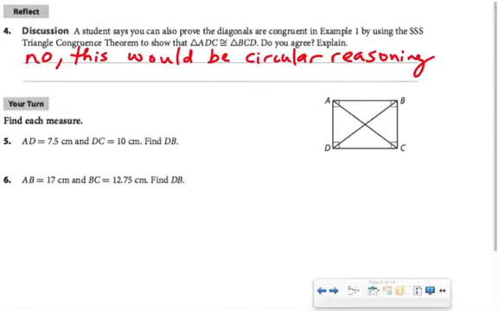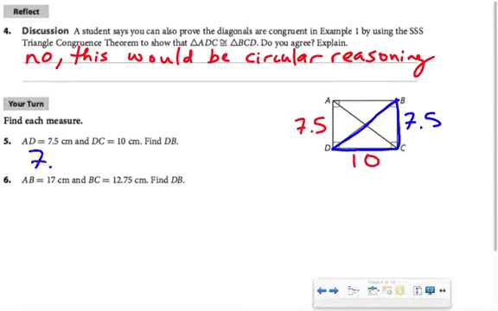So in this example, now we're applying properties of rectangles. We know that AD is 7.5. We know that DC is 10. We're asked to find the length of DB. Well, if AD is 7.5, then so is BC. I'm asked for BD, and what they want you to notice is that that's a right triangle, and they want you to remember that you can use the Pythagorean theorem in order to find BD.